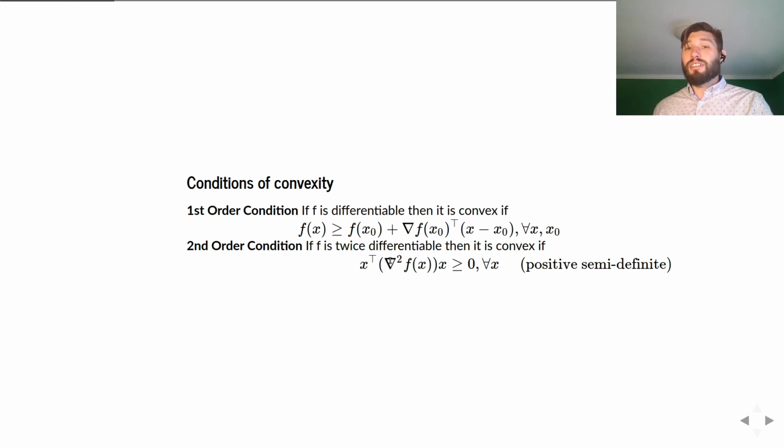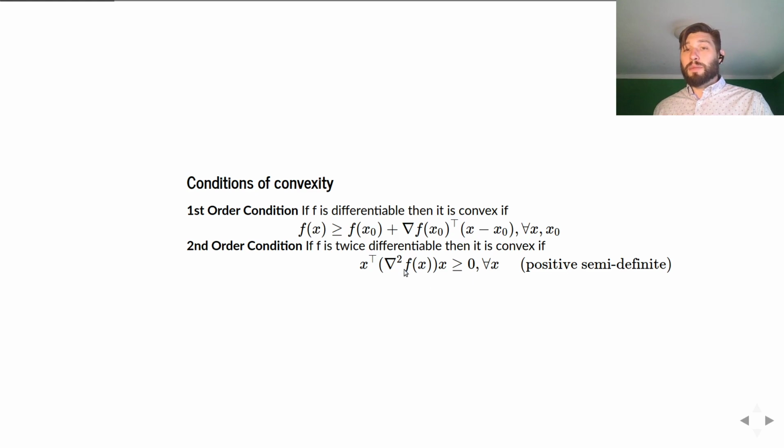It means that all the eigenvalues of the Hessian are non-negative. They're at least 0. That's one way to talk about this property, that the Hessian quadratic form is non-negative. This property is called positive semi-definite, and I'll use that term throughout.